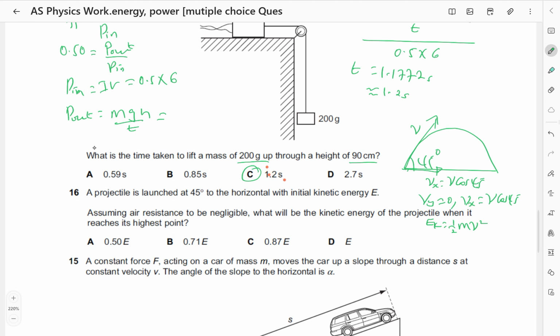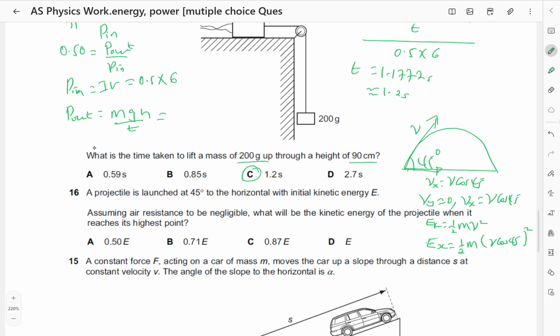Kinetic energy in the x is simply a half times m times v cos 45 squared. So the kinetic energy at the highest point is a half m v cos squared 45.